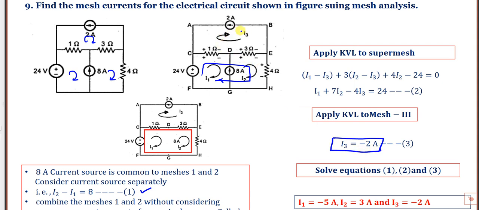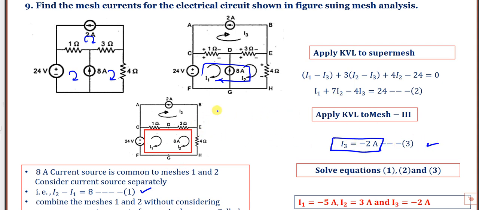I3 is clockwise, because in mesh analysis I told you all the currents are clockwise only. But it is going opposite to the assumed I3 direction. Suppose it is given on the right side, then you can write I3 is equal to plus 2. Here it is opposite, so I3 is equal to minus 2. So the second equation is over.